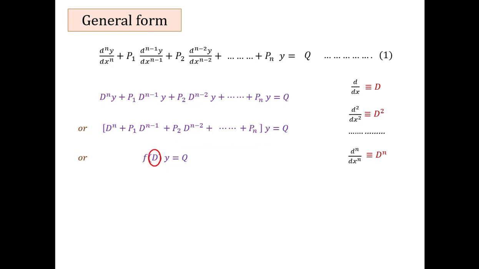The operator D can be treated as an algebraic quantity. So the polynomial f(D) can be factorized by ordinary rules of algebra and the factors can be written in any order. Now we will discuss how to solve linear differential equations of nth order with constant coefficients.